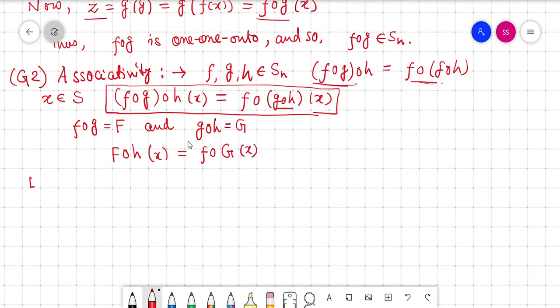We start with LHS. What is LHS? It is capital F composition H of X.